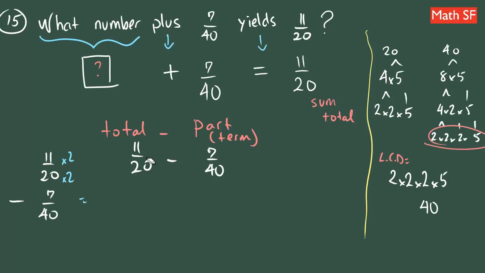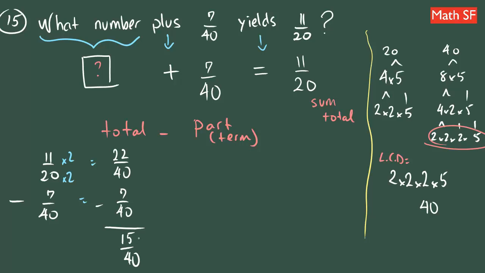What we will obtain here, let me erase this part here since we know what we're subtracting. This part will be 22/40 minus 7/40. Let's subtract. 22 minus 7 is 15, so we're left with 15/40. But is this reduced to its lowest terms?